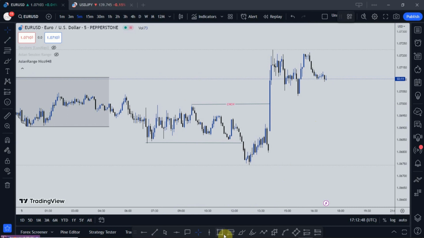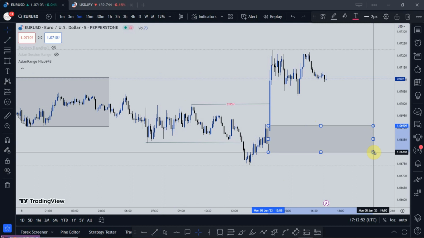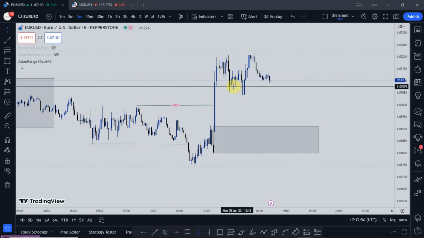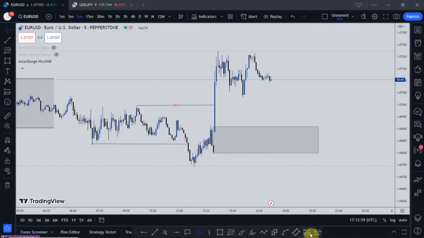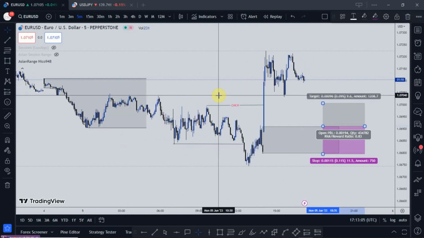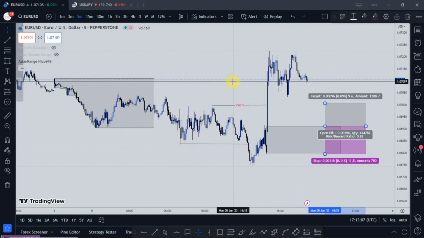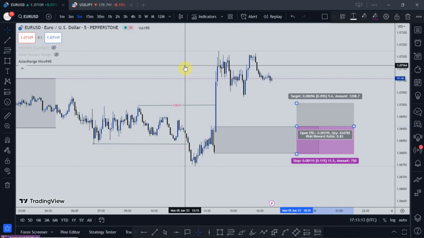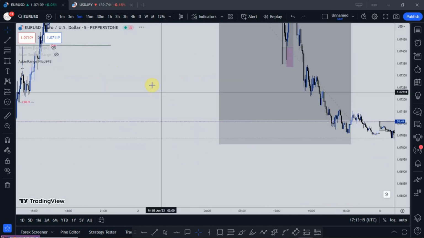So we expect price to reverse to this point, at least to fill this gap, take some liquidity over here, and then you can buy. You can try to buy from this point. Now it has taken the Asian high, so it is going to drop.